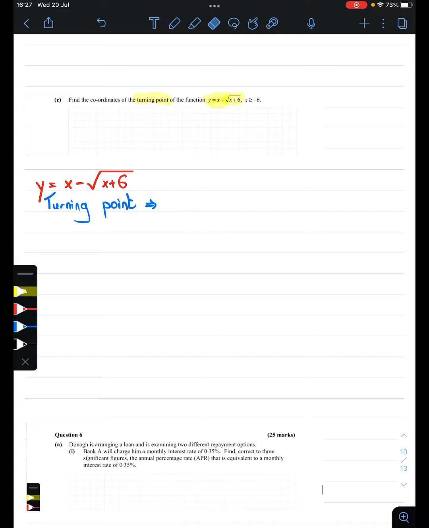Let's just call that the derivative. So this is the point at which the function does something like, let's say, this.